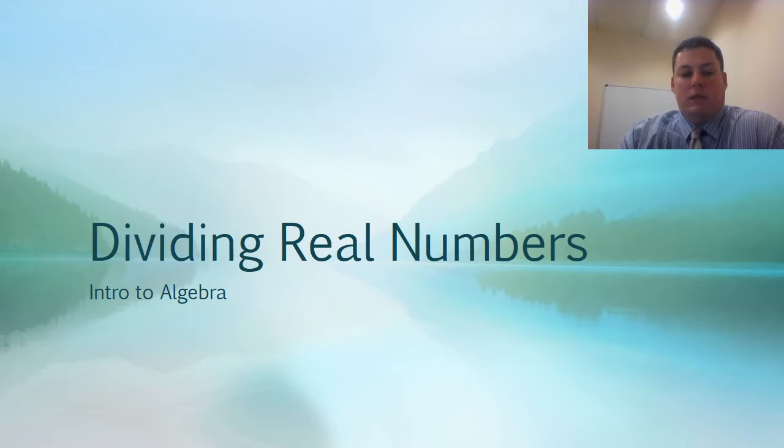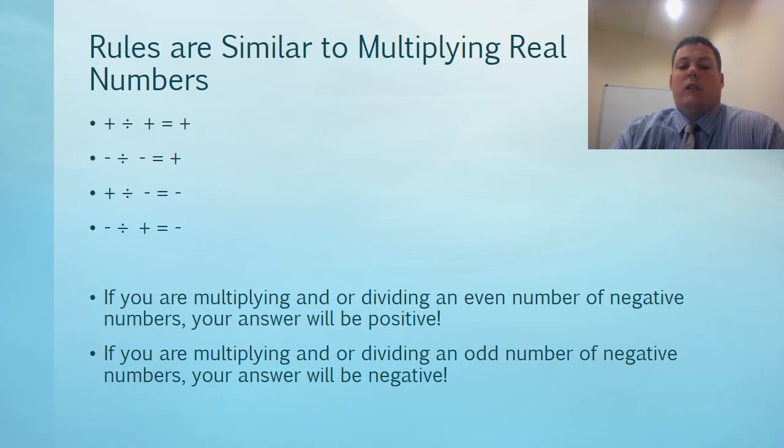All right, everyone. We're going to finish up our basic operations of real numbers today by looking at dividing real numbers. So the rules are very similar to multiplying real numbers. These same rules apply. If the signs are the same when you're dividing, you're going to get a positive answer.